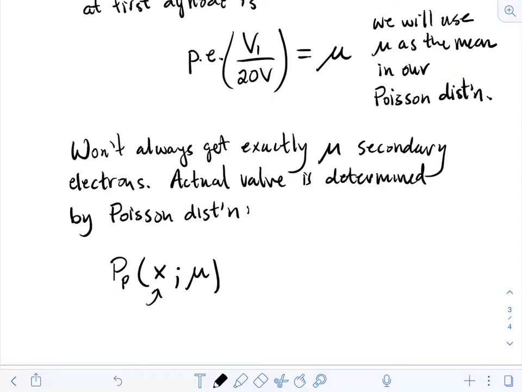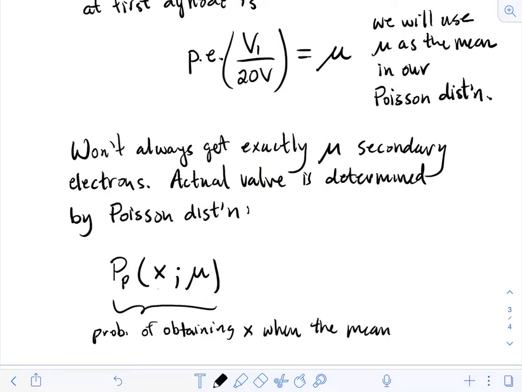The Poisson distribution calculates the probability of obtaining the value x when the mean is mu. And if you recall, the form of the Poisson distribution was mu to the power x divided by x factorial times the exponential of minus mu.